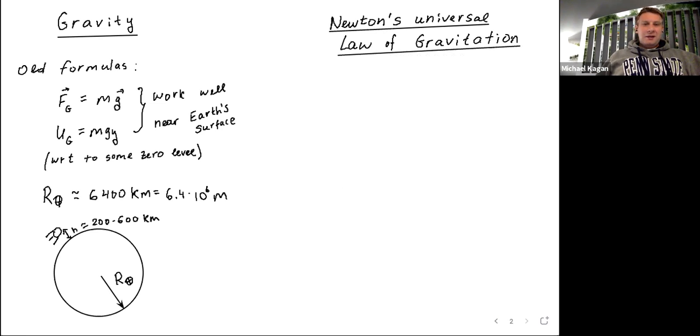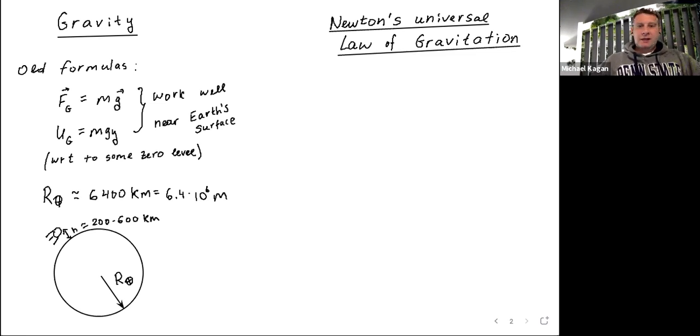And it really was a genius idea that both of these phenomena are governed by the same law. Both an apple falling and the moon orbiting the Earth or planets orbiting the sun are governed by the same equations, by the same principles. That was a really non-trivial idea at the time.